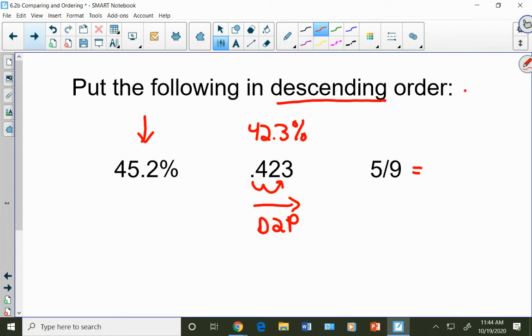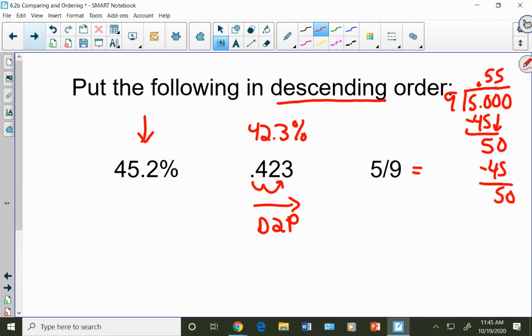And we know that because when we divide, we're going to keep getting 0.555. So that's 0.555, or 5 repeating.